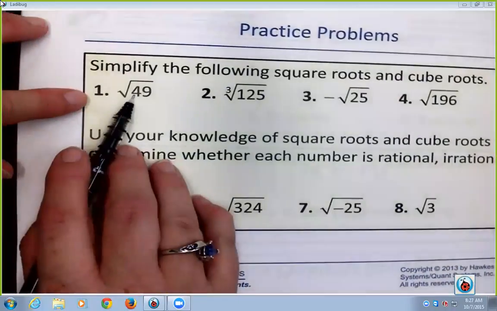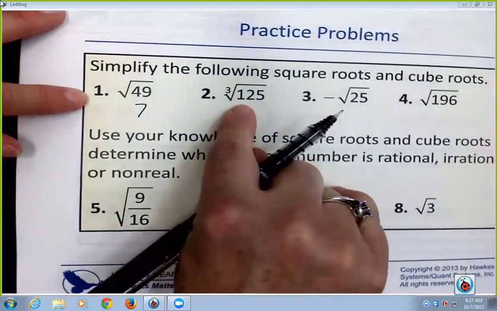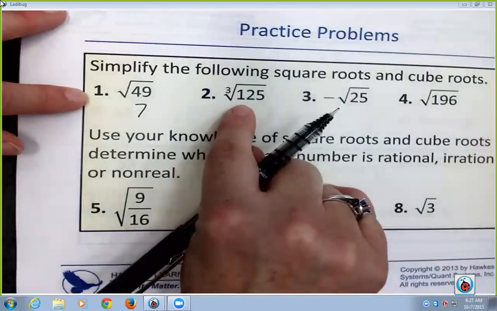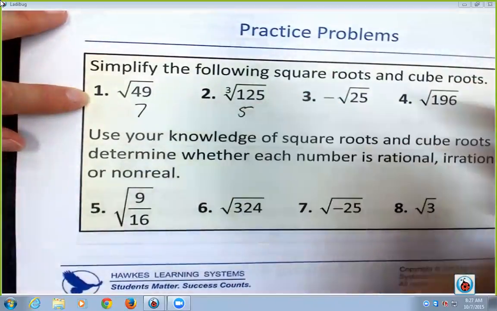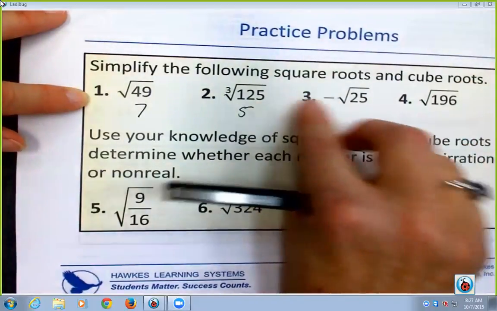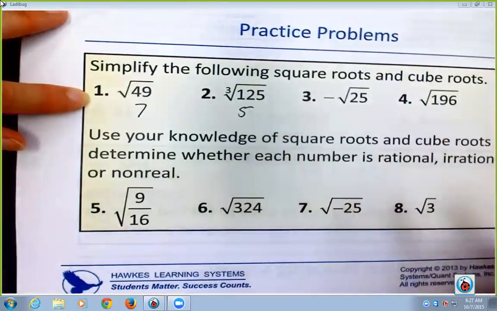So what's the square root of 49? 7. What's the cube root of 125? Now if you can't remember what it was, put it on your calculator and come up with, what would it be? 5, yep. The negative square root of 25.